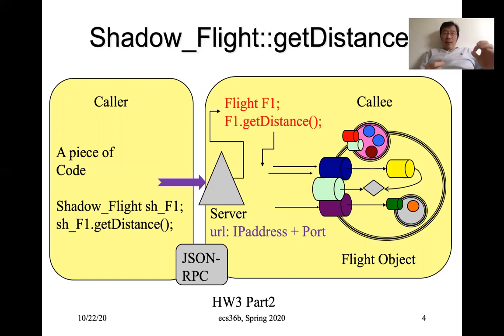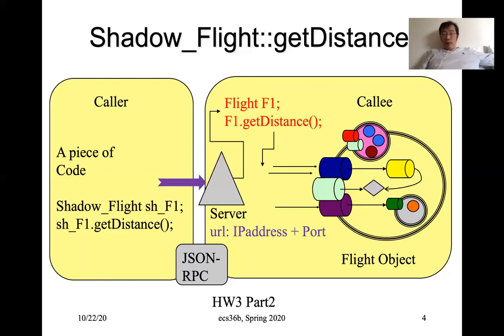With class ID and object ID, I should be able to identify the reference to the real object F1, and then I invoke the function associated with that object. There might be arguments, which I need to include when I call this function. Then the result returned from getDistance will be passed back to the server, and the server will reply with that result to whoever called this function.